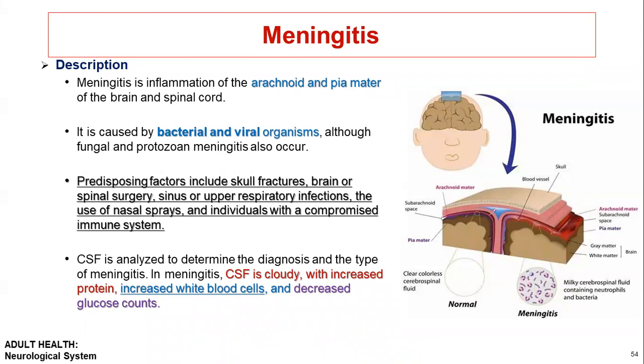Elevated WBC and elevated protein occur for both types, viral or bacterial. What next?